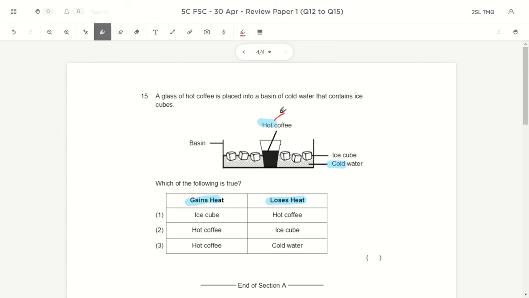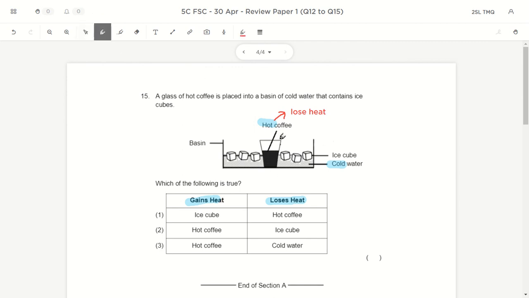Coffee is hot already. When I put a hot coffee into a basin of cold water and ice cube, can a hot coffee gain more heat? There's no other heat source, right? So the hot coffee will lose heat. Something that's hot, unless you give it more heat, cannot gain more heat. You will start to lose heat to the surrounding, and in this case, lose heat to the cold water.